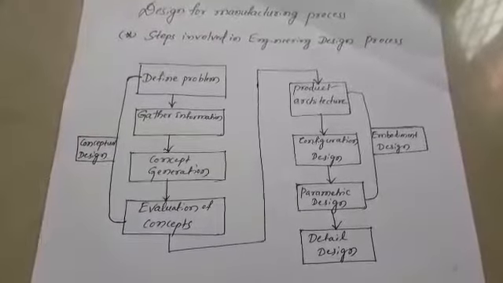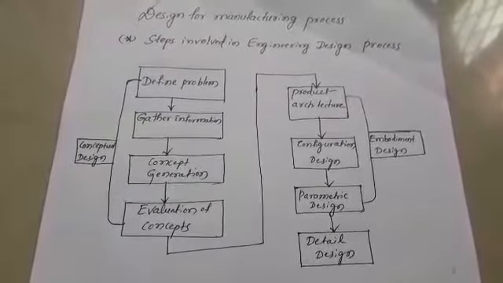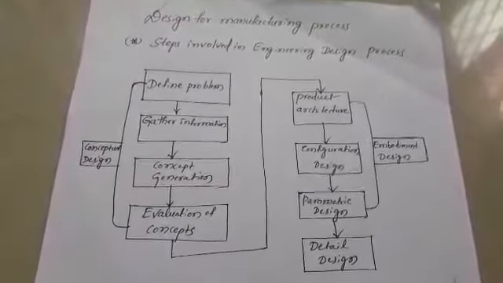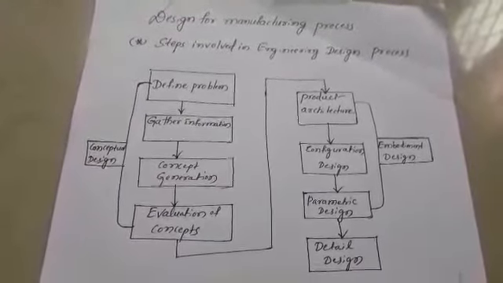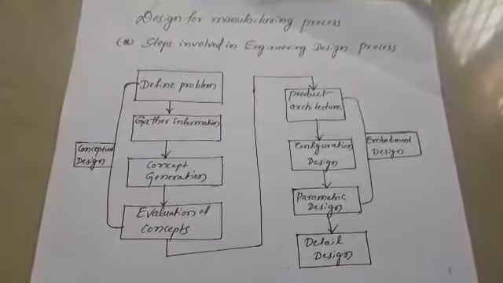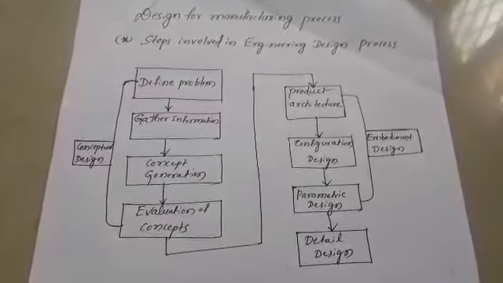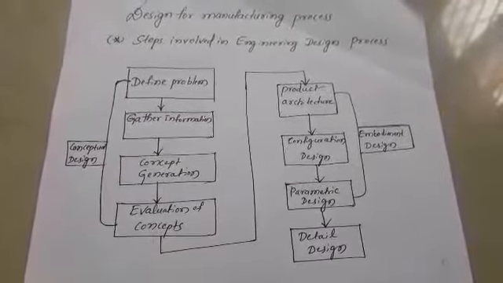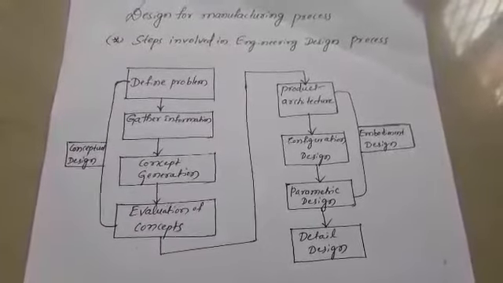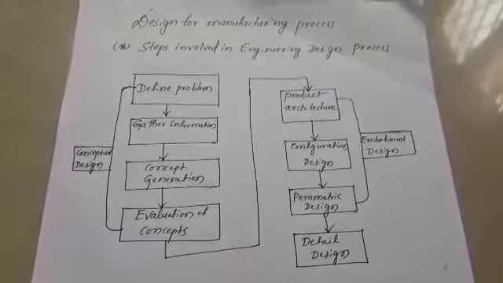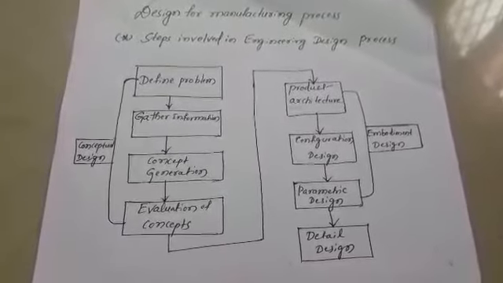First is identification of customer need. The main objective of this is to completely understand the customer needs, and communicate the same needs to the design team. This is the main objective of the identification of the customer need.